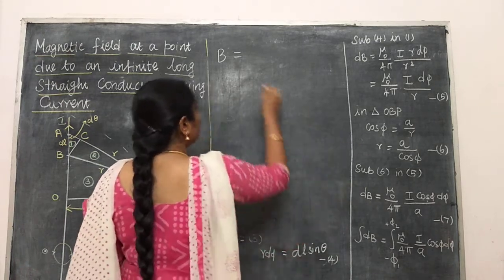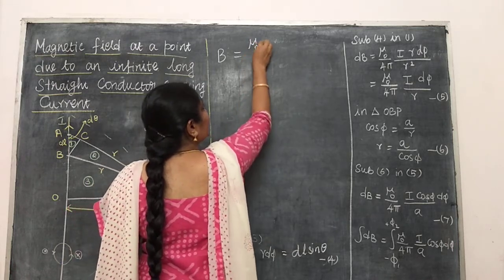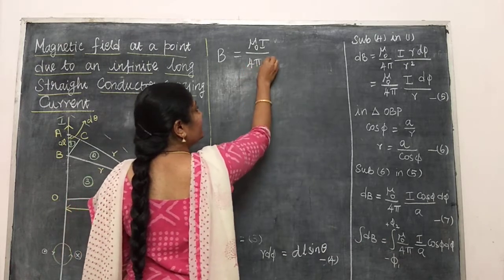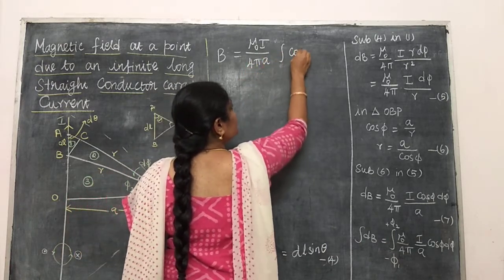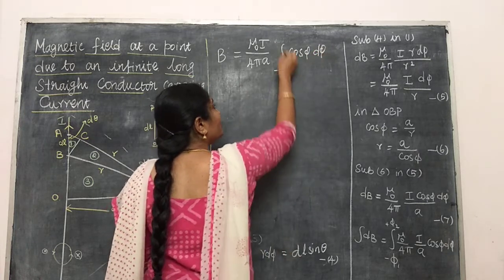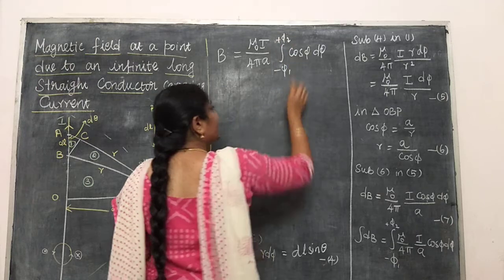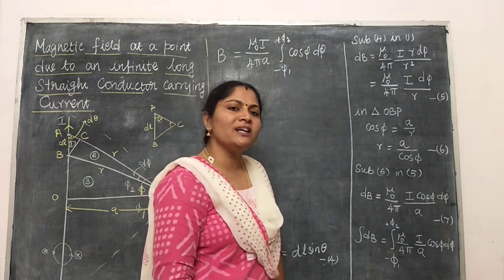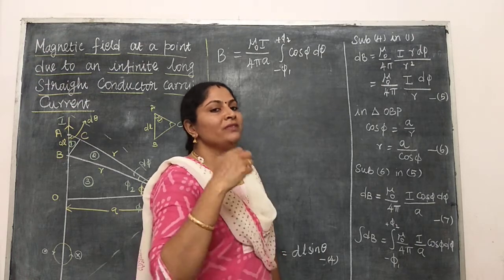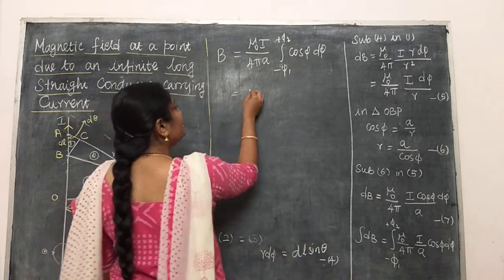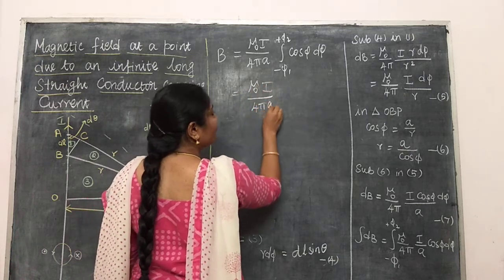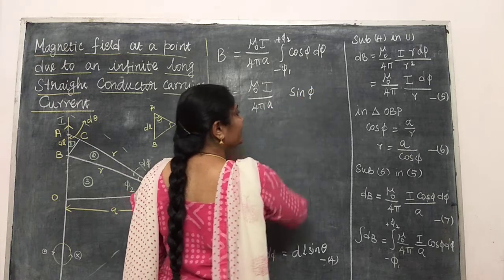So mu naught I by 4 pi A, integral of cos phi into d phi. What are the limits here? Minus phi 1 to plus phi 2. Cos phi d phi will give simply sin phi. So mu naught I by 4 pi A into sin phi is the result.